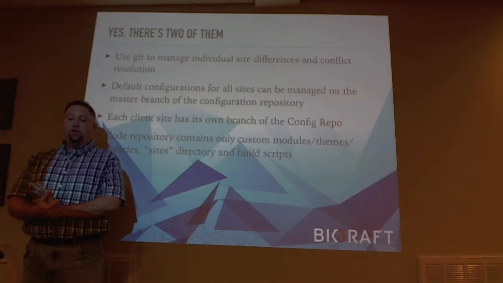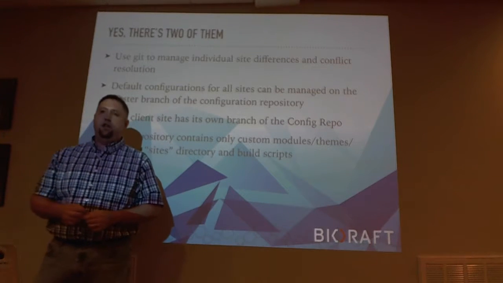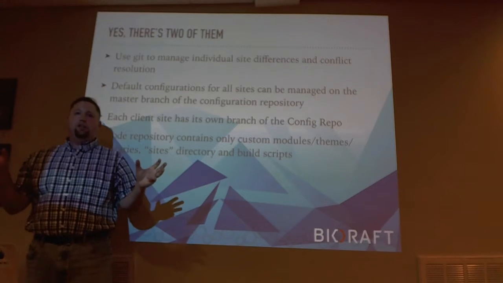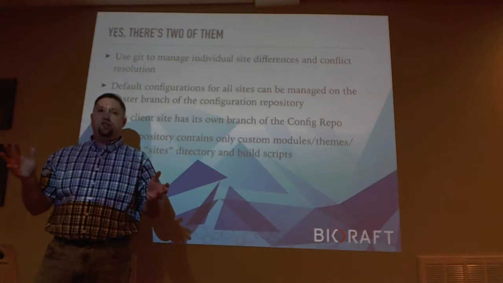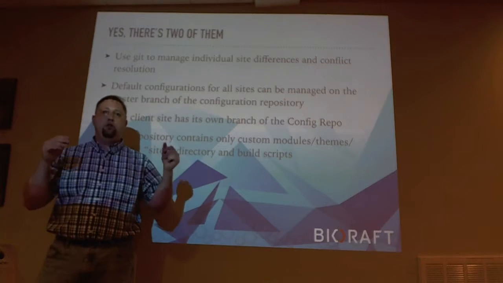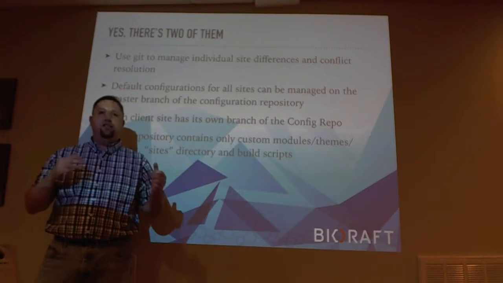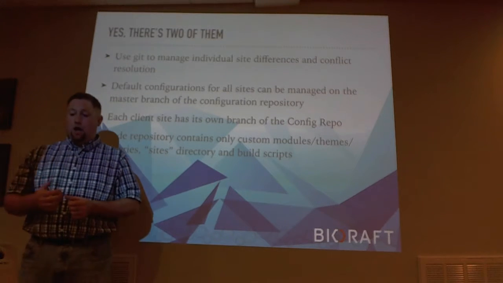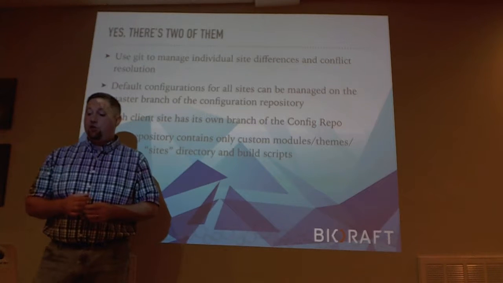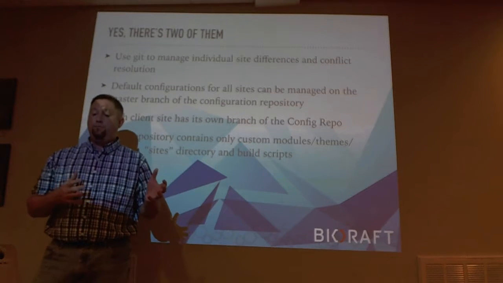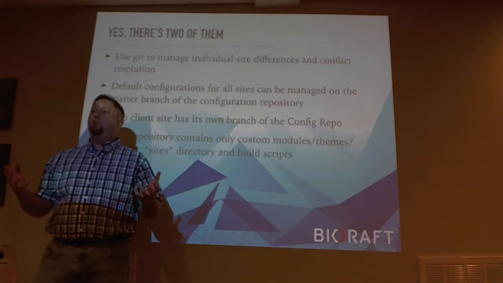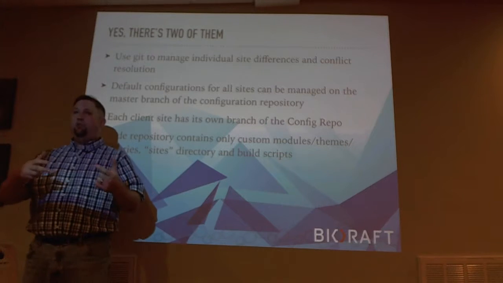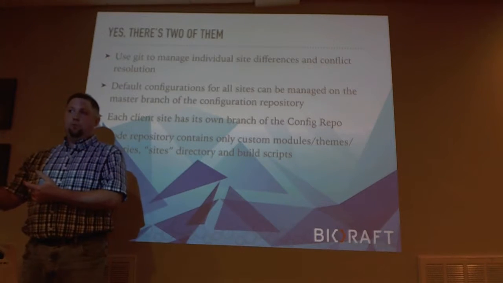We want to use Git to manage individual site differences and conflict resolutions, okay? By having 2 repositories, imagine that it is somewhat similar to the concept of separating your configuration and logic the same way that you separate your presentation logic and your business logic, okay? You can store your default configurations for all sites in a master branch, and if you're running a multi-site, each one of your client sites is simply a branch off that master configuration, okay?